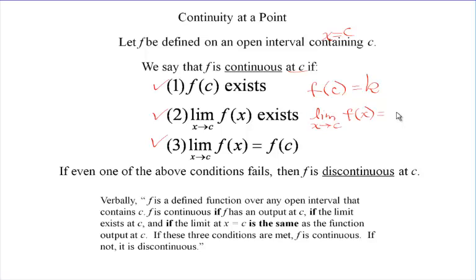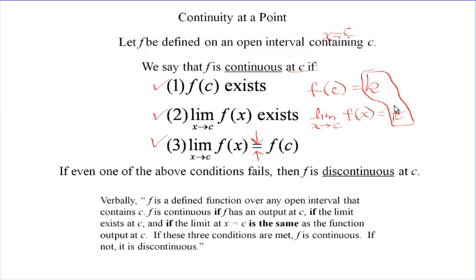must exist as well. We'll call that t. These two things, number 1 and number 2, must be equal in order for the function to be continuous. In other words, if f of c was k, and the limit as x approaches c of f of x was t, we would not be continuous.